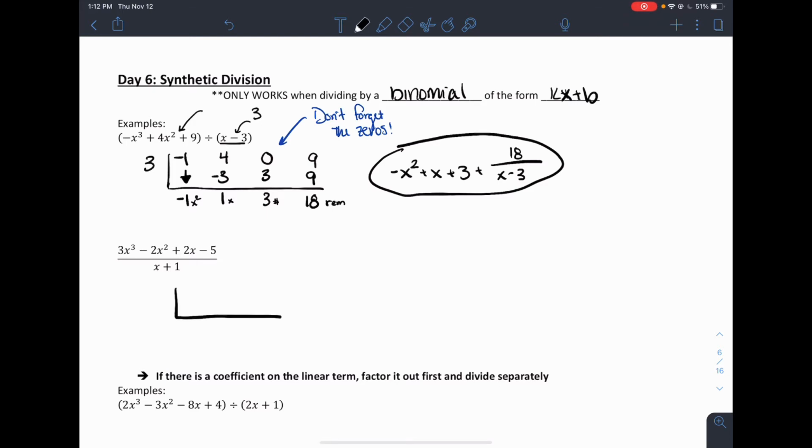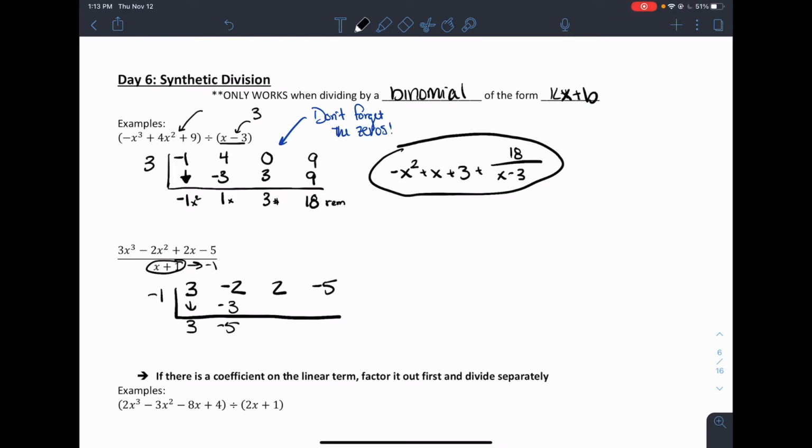Let's try it again. Here, my coefficients are 3, negative 2, 2, negative 5, and the divisor is x plus 1, so I use negative 1. Now I drop the 3. Negative 1 times 3 is negative 3. Negative 2 plus negative 3 is negative 5.